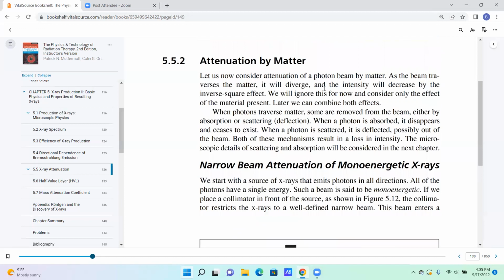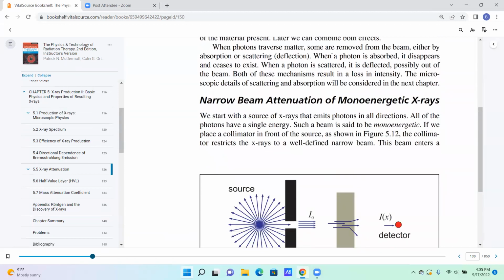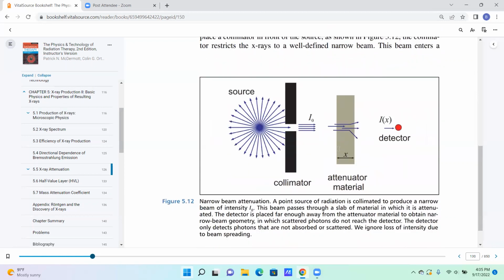Now we talked about the beam, what alters an X-ray beam. We've talked about the inverse square law. Now we can talk about attenuation by matter. When photons travel through matter, some are removed from the beam, either by absorption or by scattering.